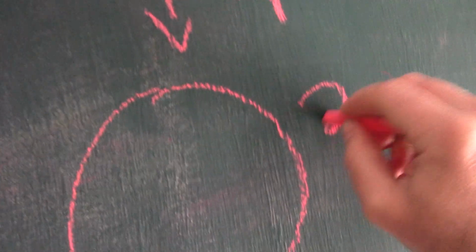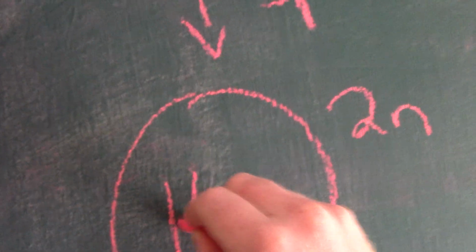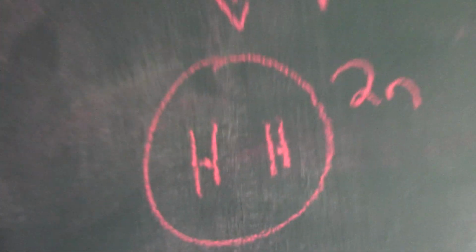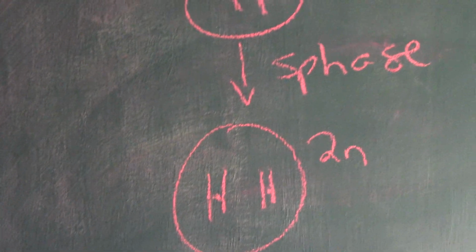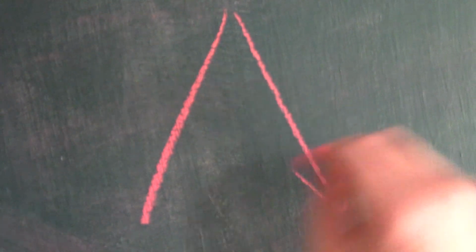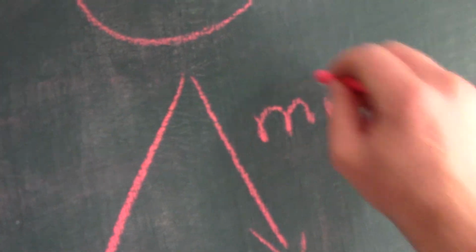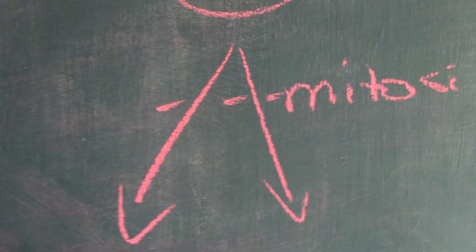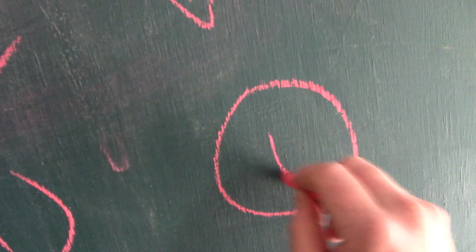And then you still have a diploid cell, but now you have a diploid cell with homologous pairs that have sister chromatids. And then mitosis happens, and you end up with diploid daughter cells.